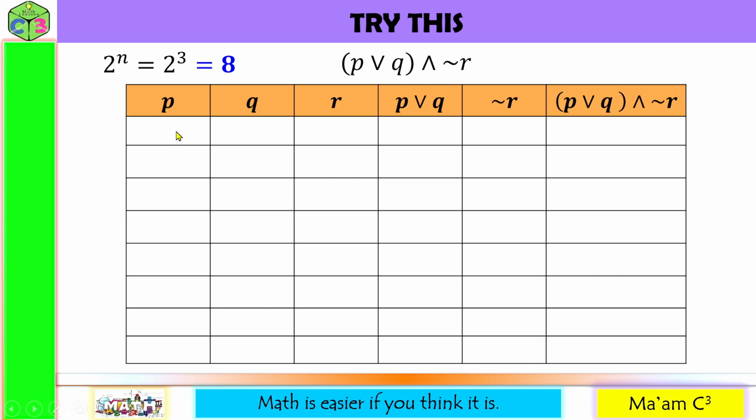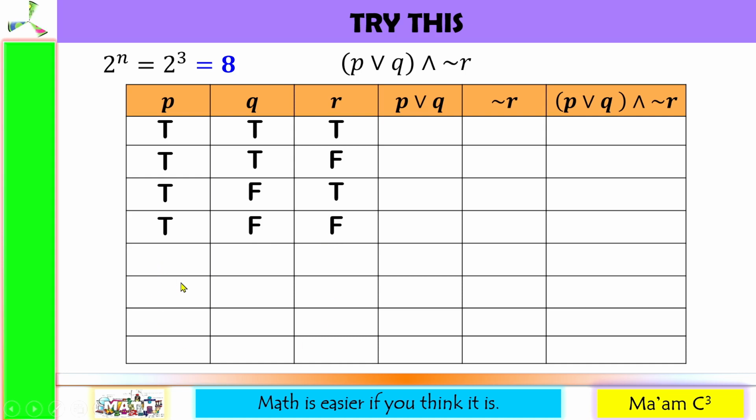Now, what are the possible combinations for three propositions? It could be P is true, Q is true, R is also true. It could be P is true, Q is true, and R is false. P is true, Q is false, and R is true. P is true, Q is false, and R is false.